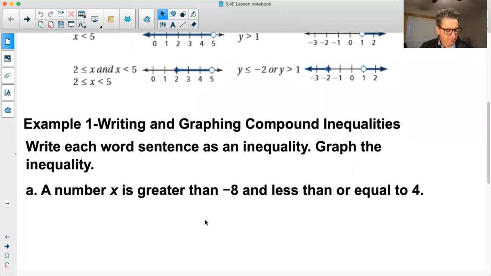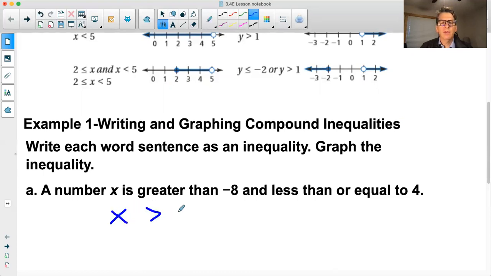So if you look at this, we are going to first grab my pen here. X is greater than -8, and x is less than or equal to 4.